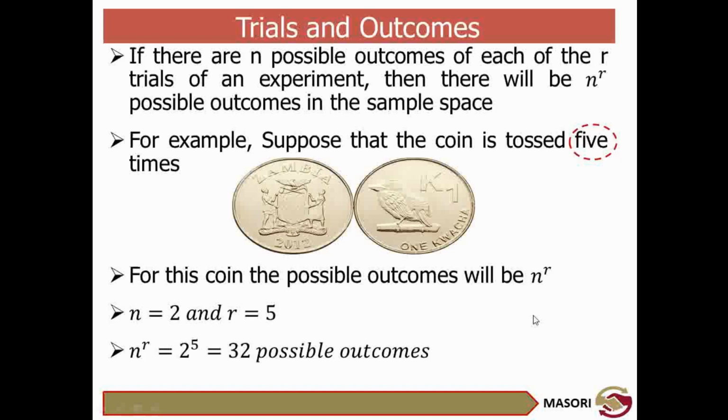And this will give us 32 possible outcomes. Therefore, if we toss a coin 5 times, we are going to have 32 possible outcomes in the sample space.